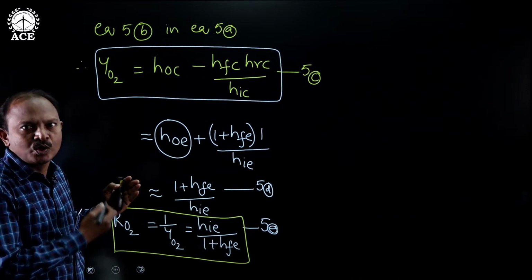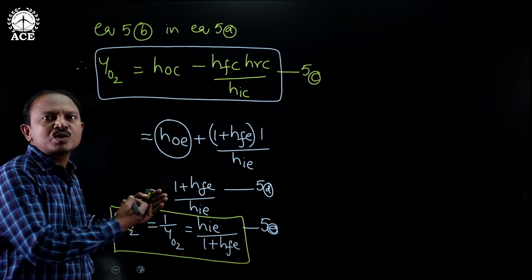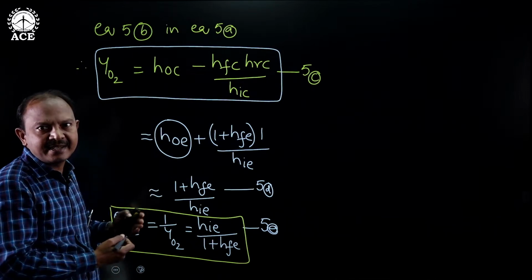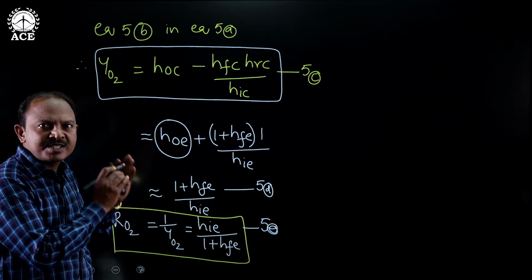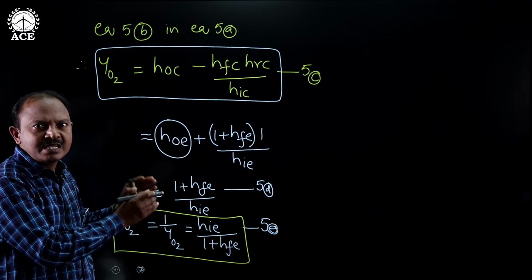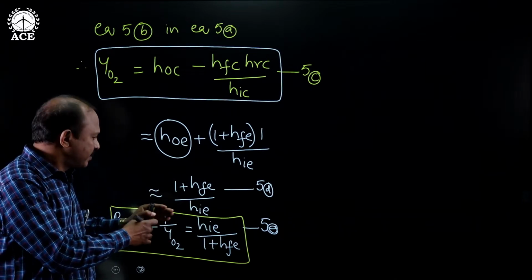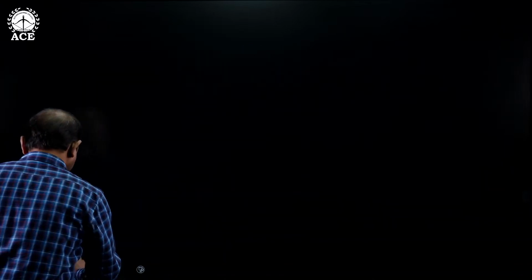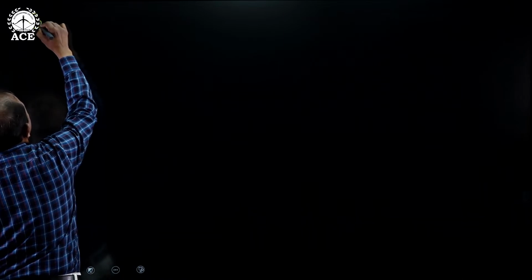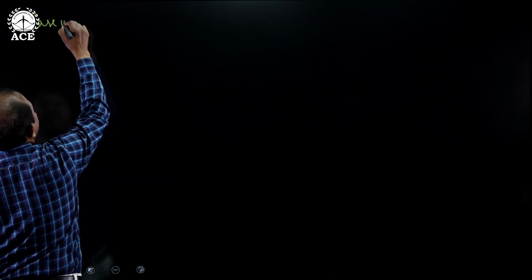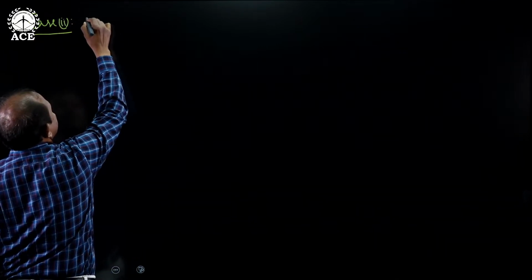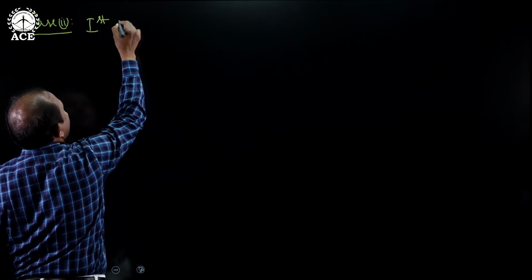Luckily, good news is first stage is also a CC amplifier. Instead of deriving these equations again and again, I will just list out all the final equations for first stage by following the same procedure. Case 2. Analysis of first stage.